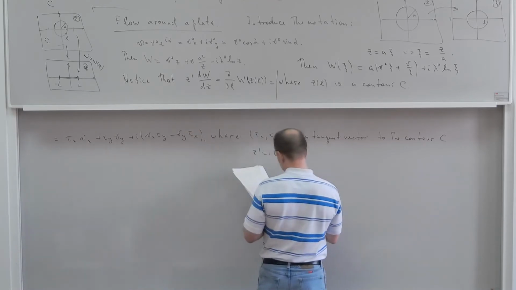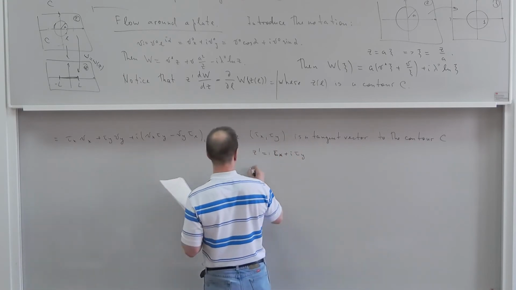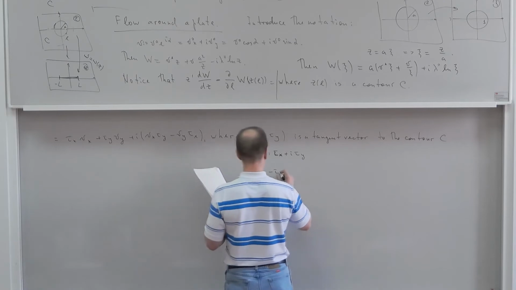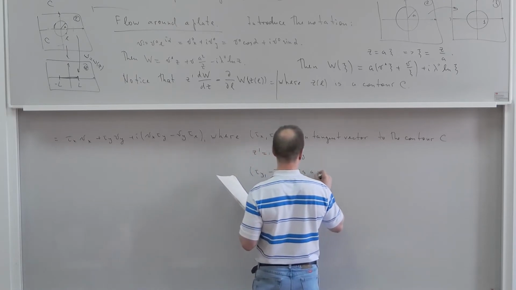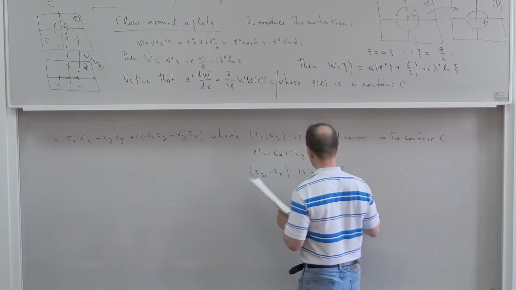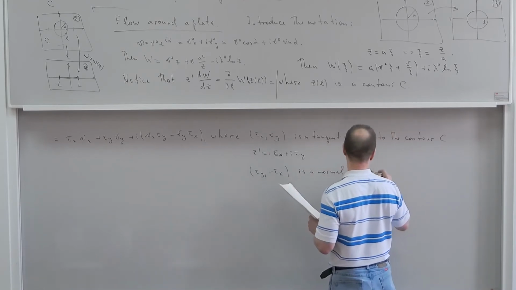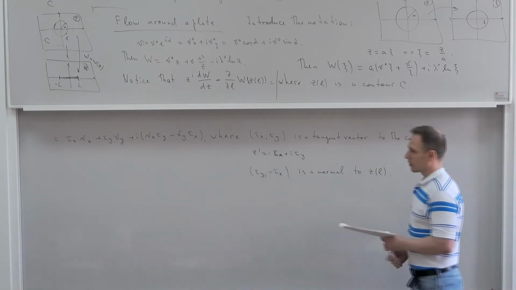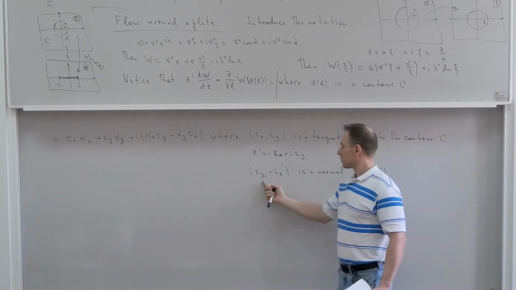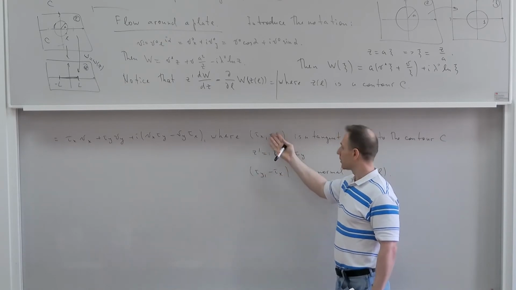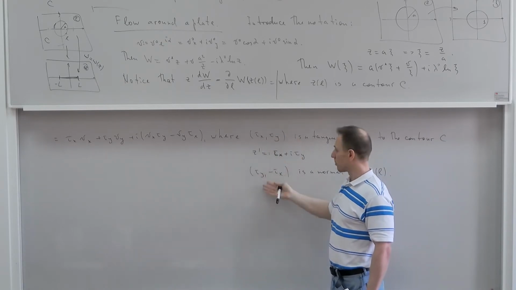And it is obvious that such a vector is normal to the contour z of L, because it is orthogonal to this vector. One can check this easily by taking the scalar product of these two vectors.